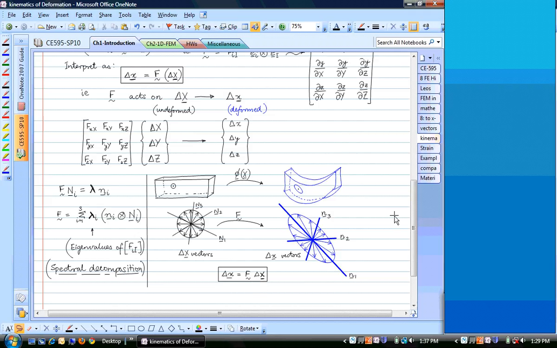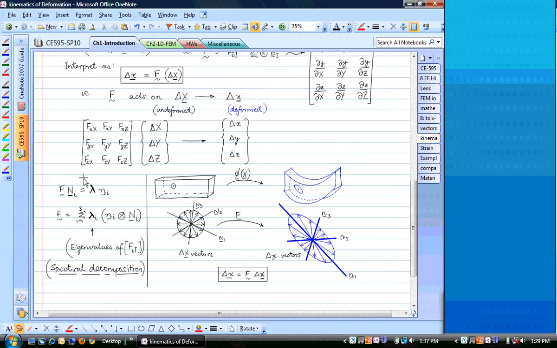And last time I think there was also an error here. How many of you have heard of the spectral decomposition of a matrix? Anybody heard of the spectral decomposition? Okay, some of you have. What this spectral decomposition means is that once you have a matrix, you can express that matrix in terms of its eigenvalues and eigenvectors.